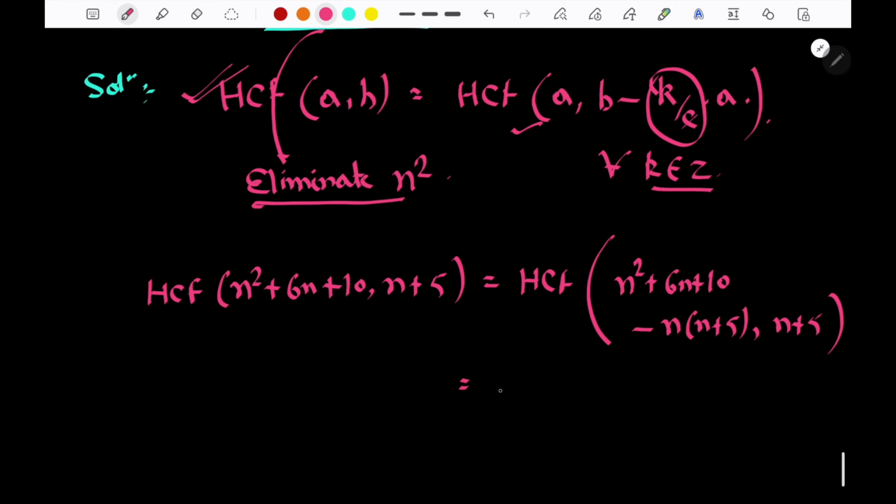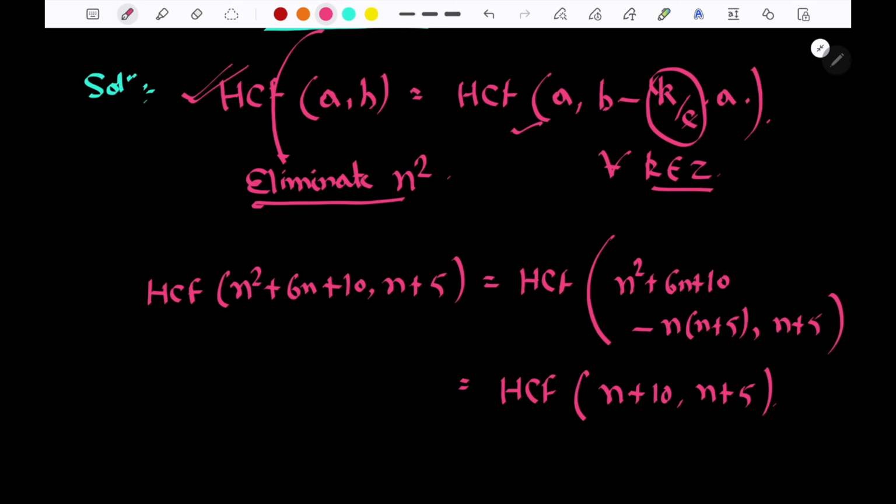Done. So how do we proceed then? HCF of n square plus 6n, n square gets cancelled, 6n plus 10 minus 5n. So this is n plus 10 comma n plus 5.